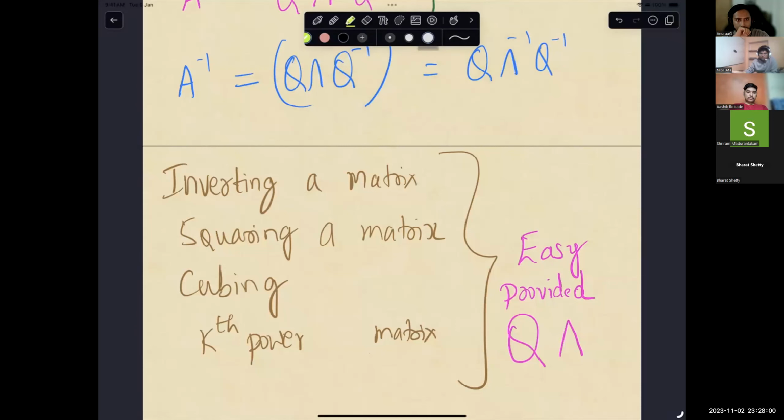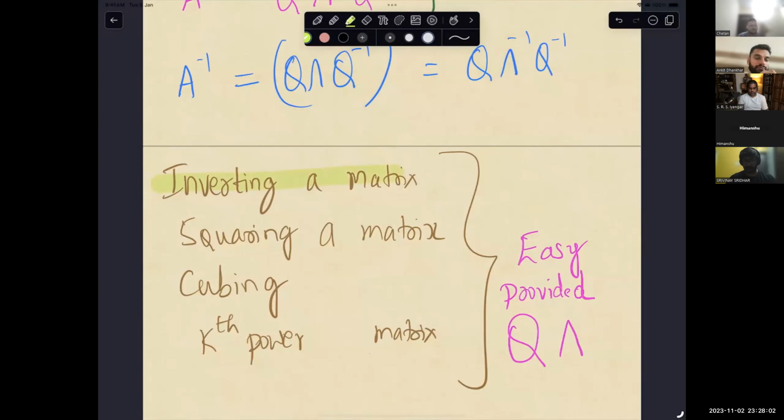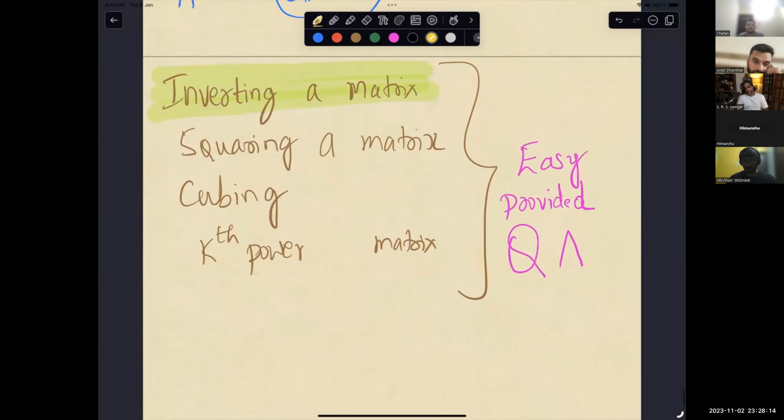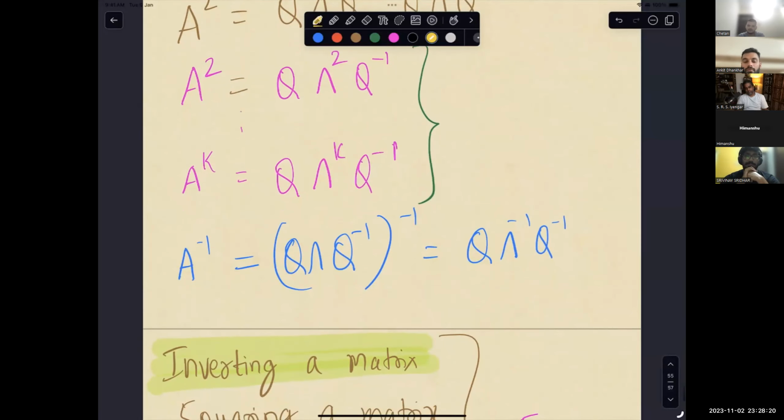We also observe that say I want to take the inverse of the matrix for some reason. I have my Q times lambda times Q inverse. If I take the inverse of that whole thing, I get again Q times lambda inverse times Q inverse.